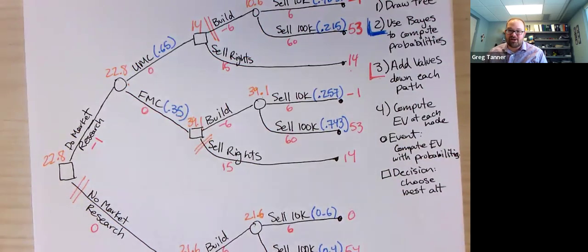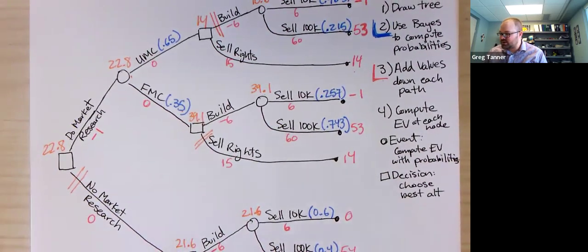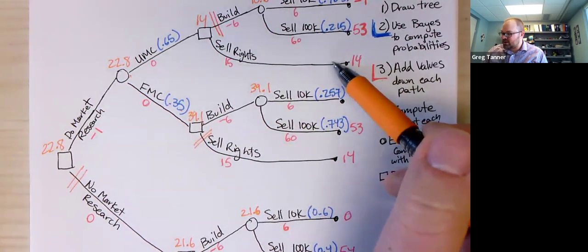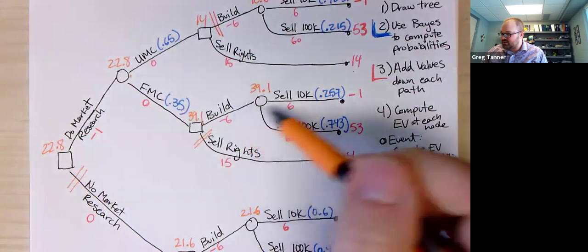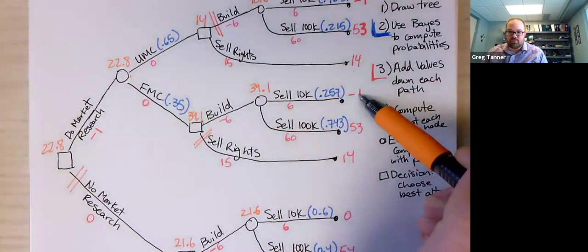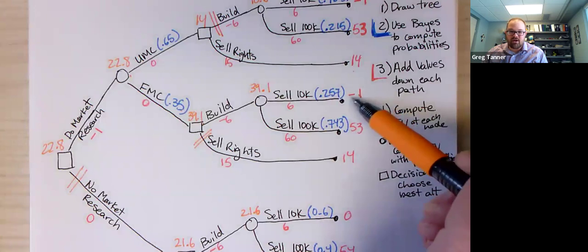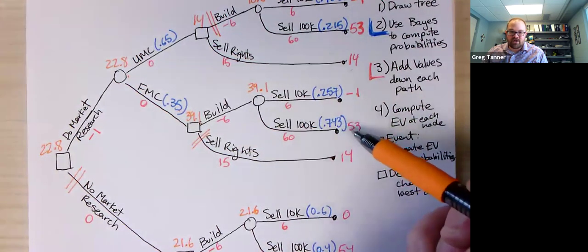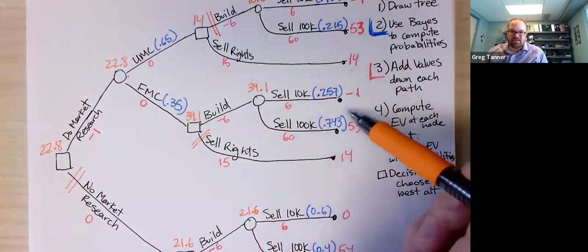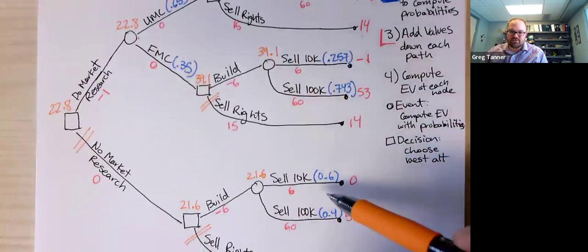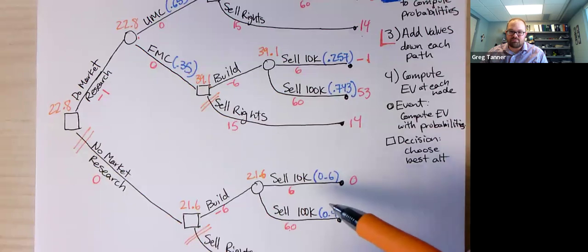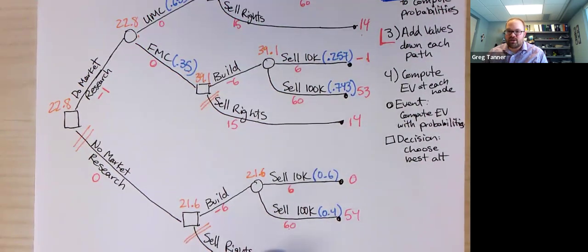So the three possible outcomes if you choose to do market research are: sell rights for 14 million, build and only sell 10K, so you're down 1 million, or build and sell 100K and then you get plus 53 million. The thing is, by doing the market research, we've changed these probabilities relative to the prior probabilities, and so it's a better outcome, even though we spent the 1 million to do the market research.